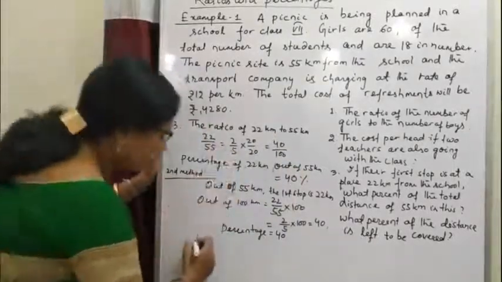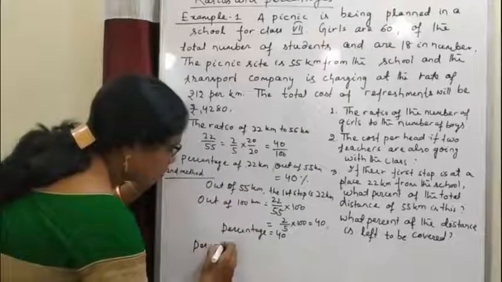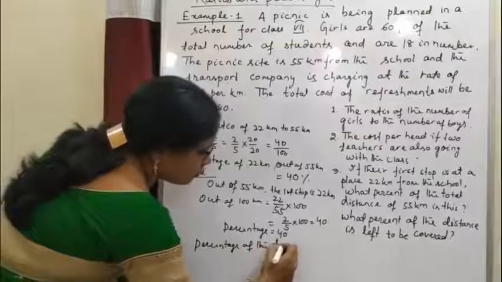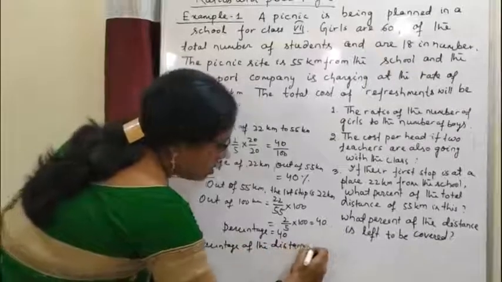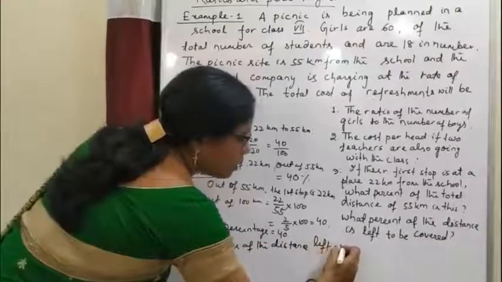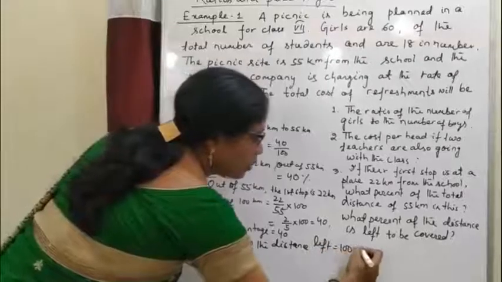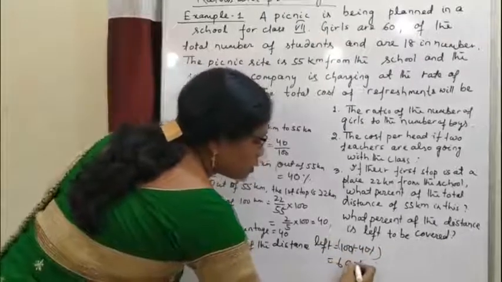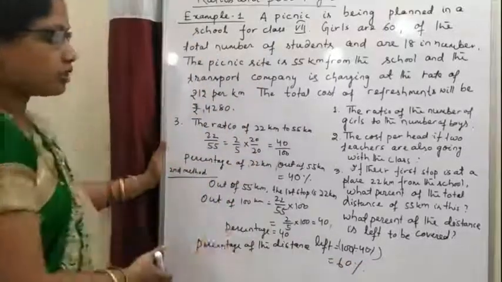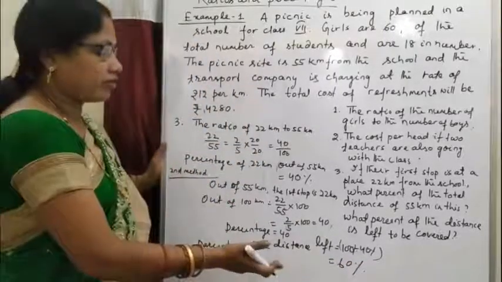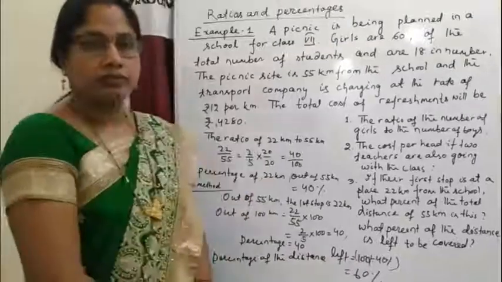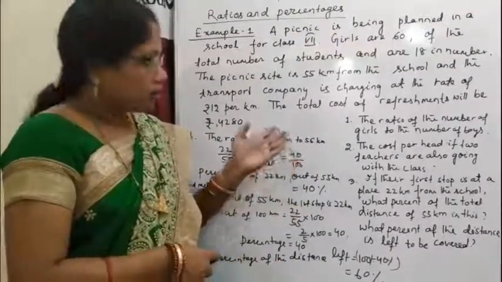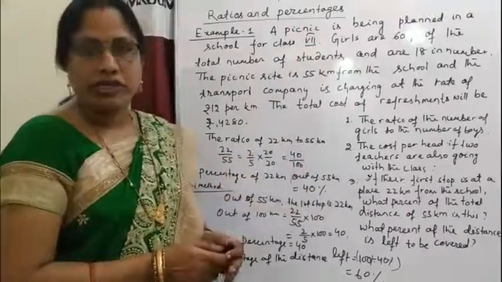Then the percentage of the distance left is equal to 100 minus 40. 100 percentage minus 40 percentage is equal to 60%. So 60 percentage distance is left after the first stop. In this way, you can solve questions based on percentage and ratios.